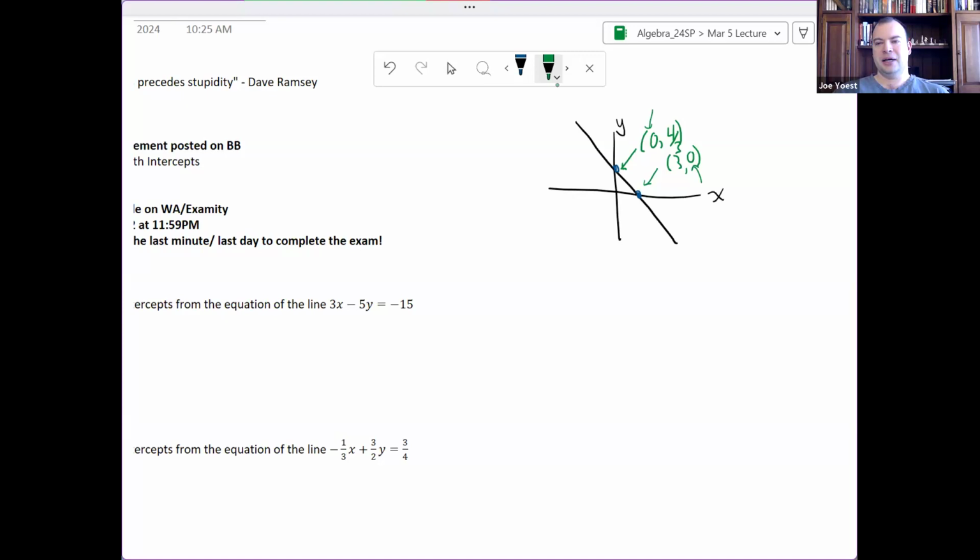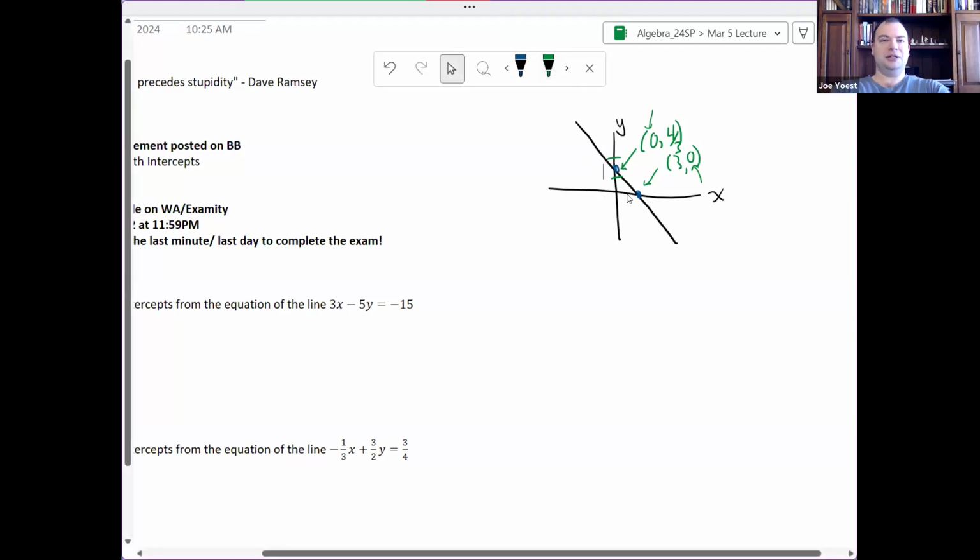Or if it was like 17/3, that might be annoying to figure out which 2 integers 17/3 is in between so that I can put that point in the right place on my graph that I'm doing by hand. So we might not always choose to use the X and Y intercepts as our 2 points to graph the line, but sometimes they can be helpful, and quite often it's important to know these intersections with the axes, these intercepts.